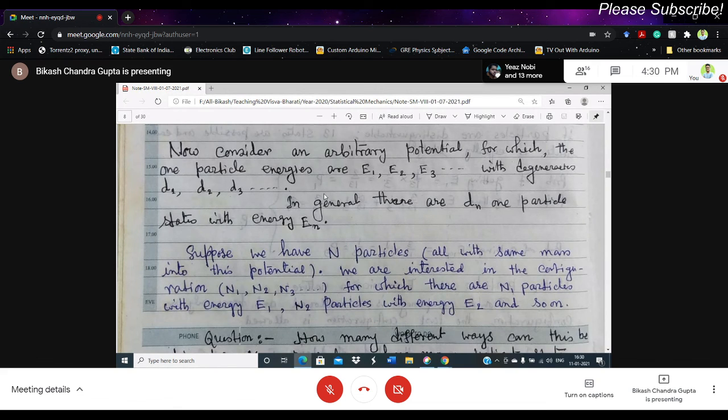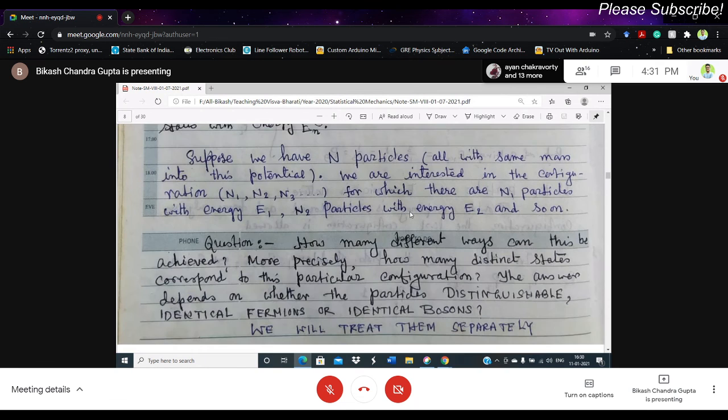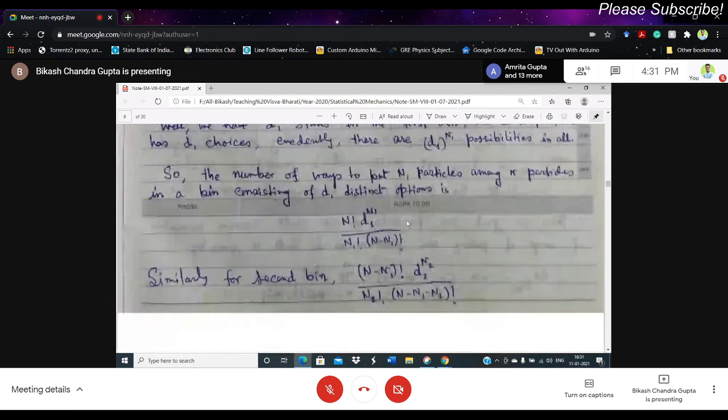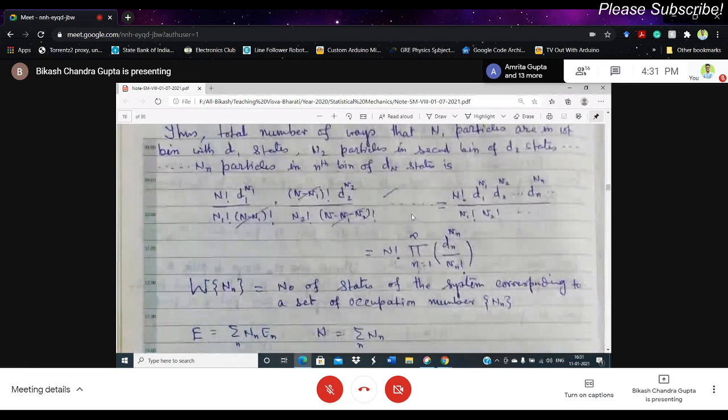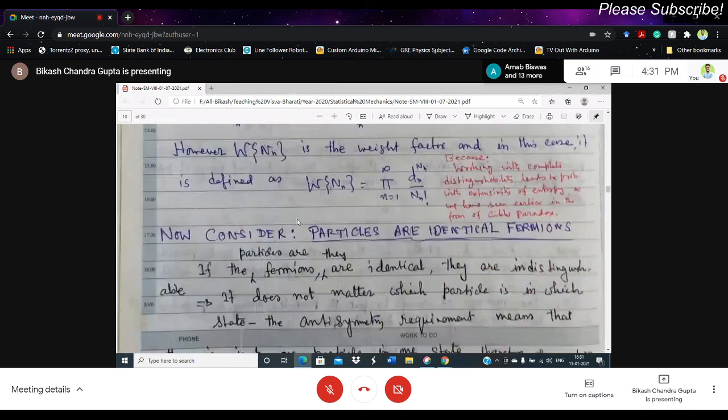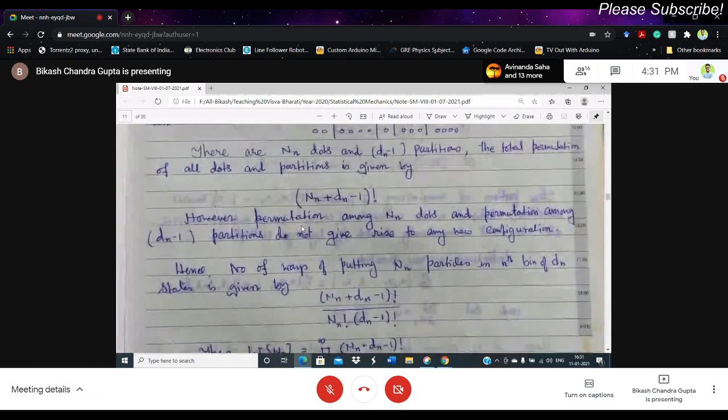The main question we ask is how many ways we can put the particles. For different situations we calculate the number of distinct possible situations, and we term those the weight factor. Three weight factors we have arrived at.